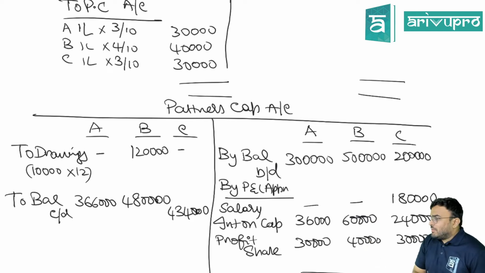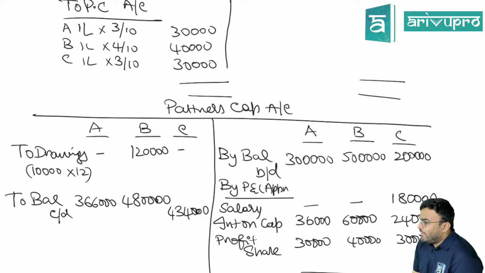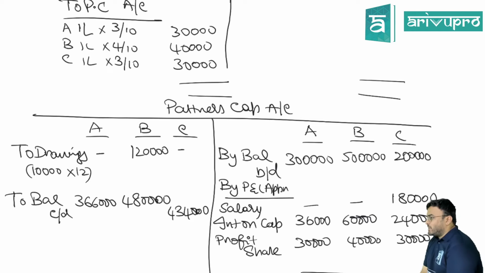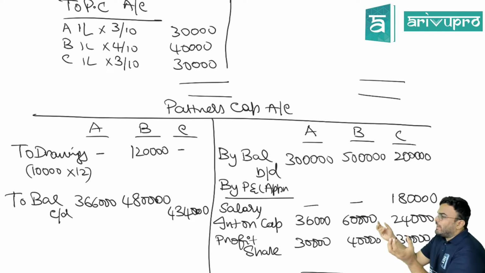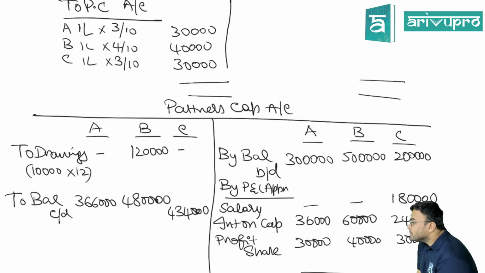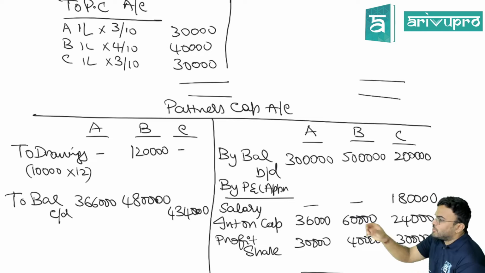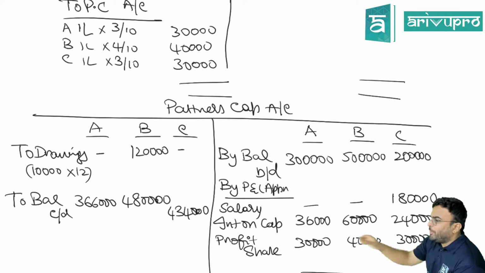That other one, salary to partner, what they have done is drawings account debited. If you pass drawings account debited for the salary amount, 1,80,000, that 1,80,000 will get reduced from the partner's capital, no? So now you will reverse that entry, because that has to go from P&L appropriation to partner's capital.